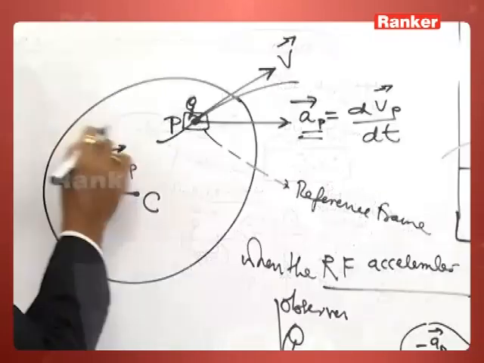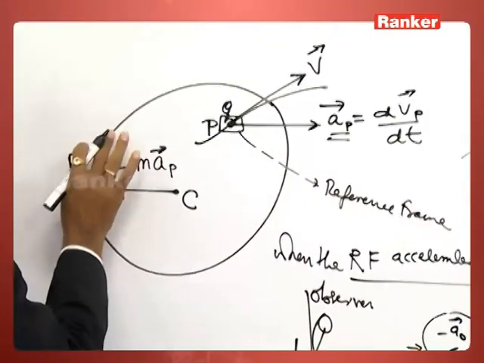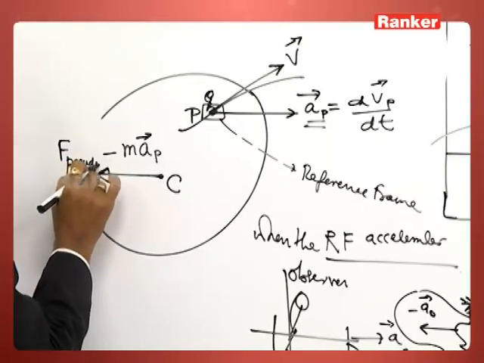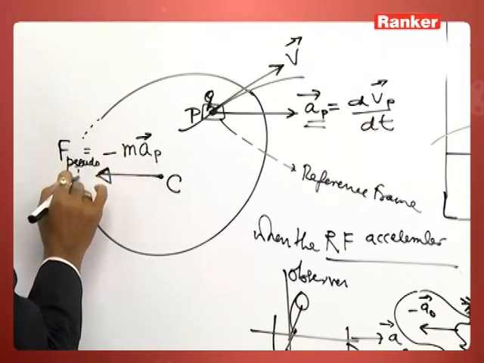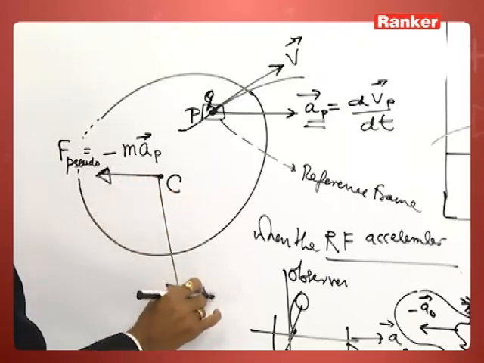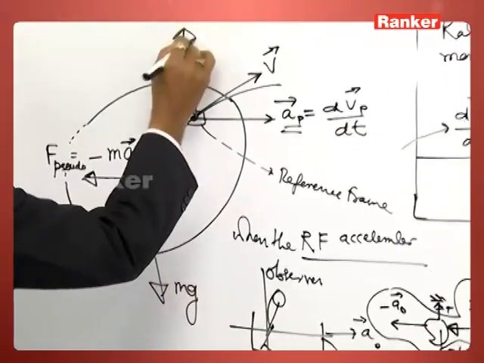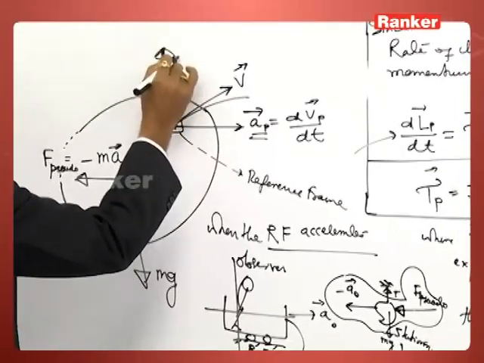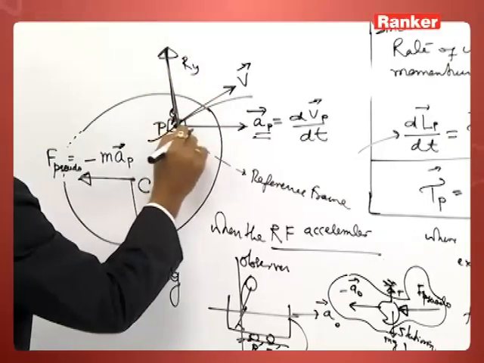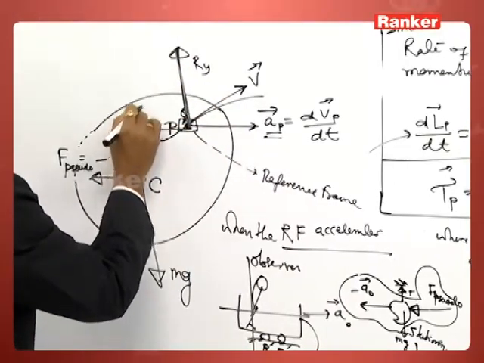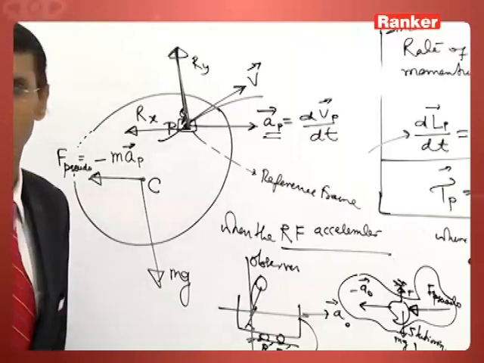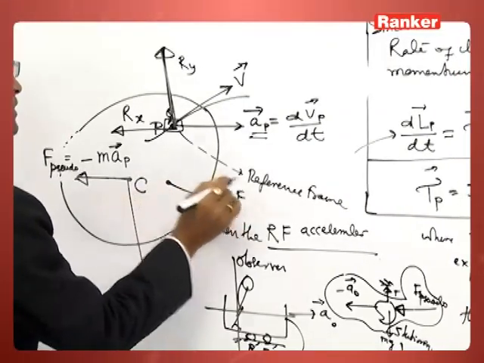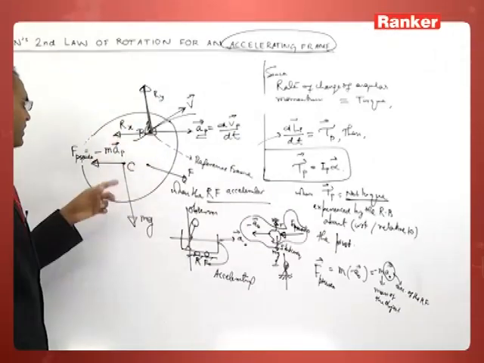In addition to the pseudo force, we have the gravity force, we have the reaction forces, Rx and Ry, and other forces acting from outside on the object at different points.